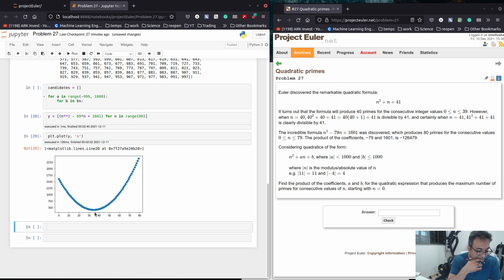Okay. So this value, the closer it is to, let me see, n square plus an plus b, this value, the closer it is to minus 500, the better it should be. So it's a number in that range. Okay.